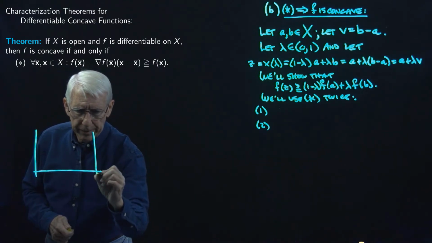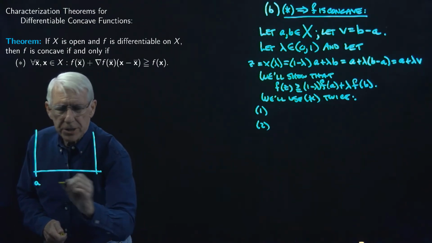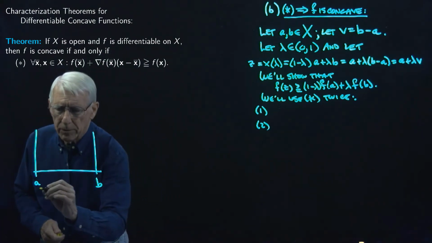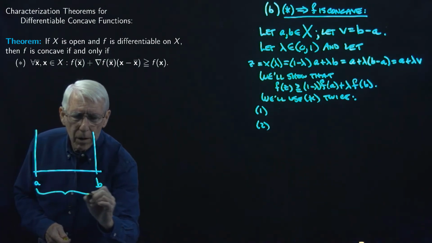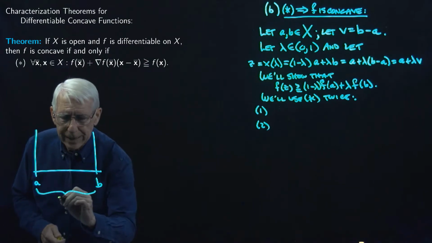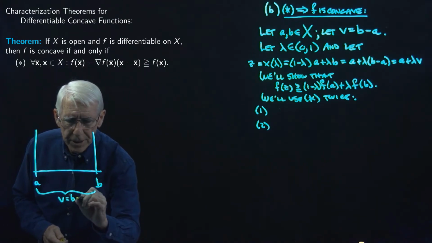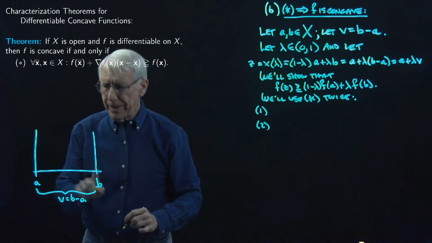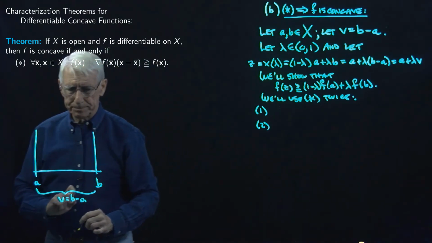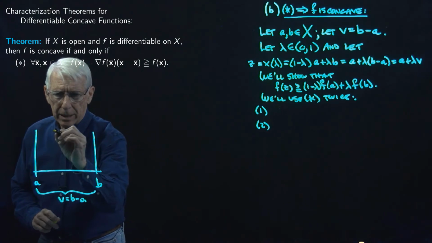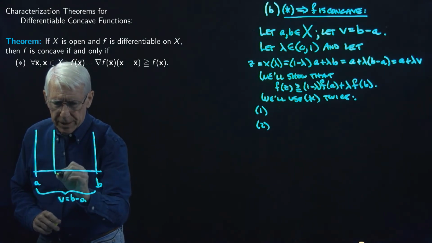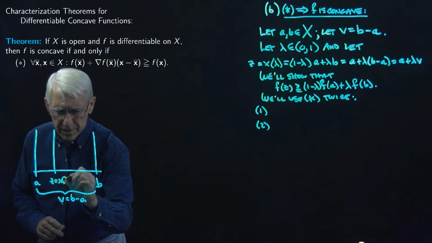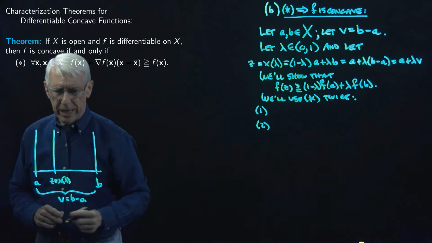So let's go over here, and let's draw a little diagram here. So this is going to be A, and this is going to be B. And so we know that V here is, well, it's not just the distance, it's actually the B vector minus the A vector. And let's say this is Z, which we've said is x of lambda.